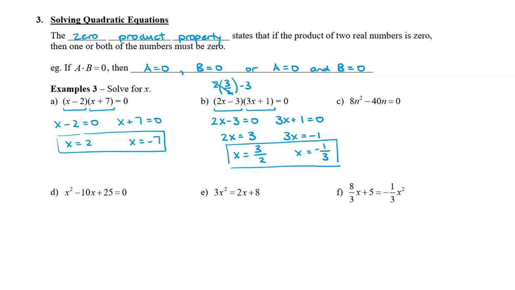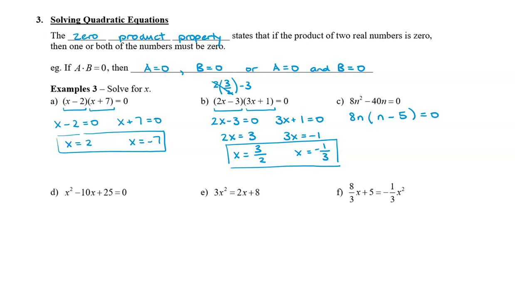All right, for the next 4 questions, we have to actually do some factoring. So we should always find the GCF first. In question C here, we can see that the greatest common factor is 8n. Once we factor 8n out, we're going to have left n minus 5 equals 0.